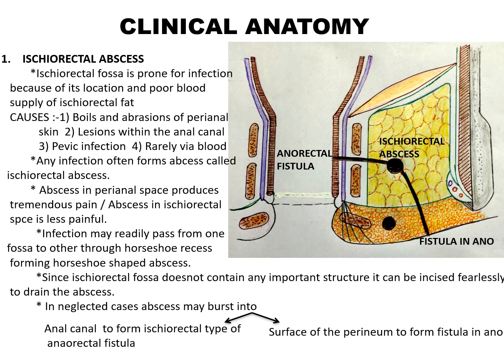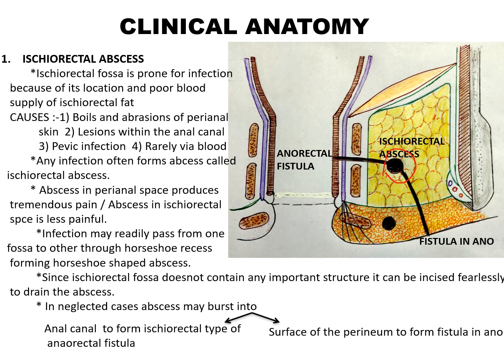The ischiorectal abscess in the ischiorectal space is less painful because this space contains loosely arranged fat. So any collection in this space produces a less painful condition because it causes less tension.